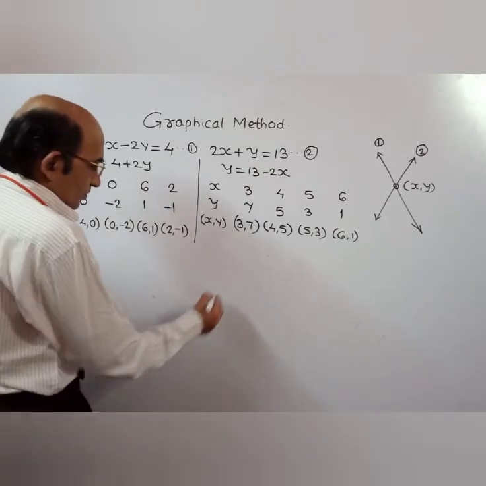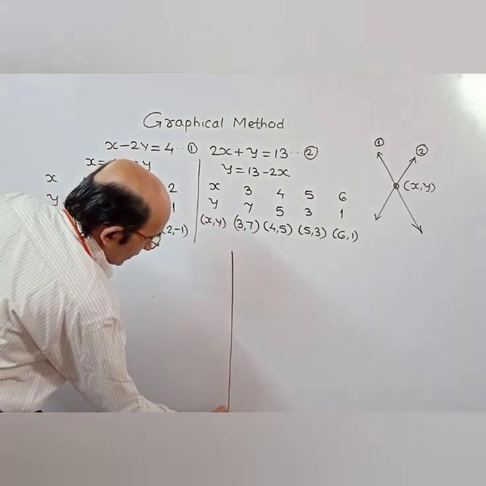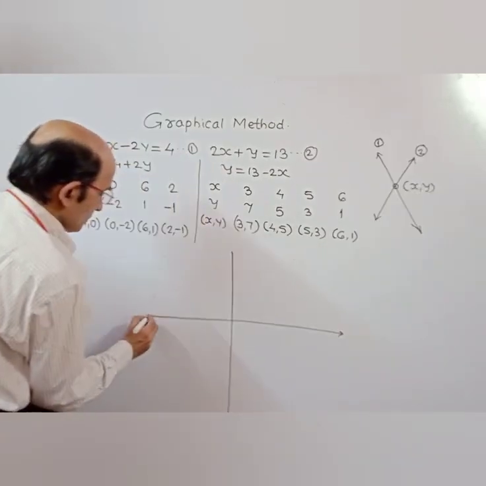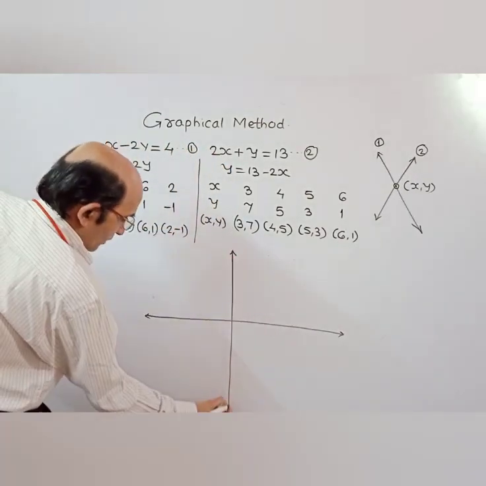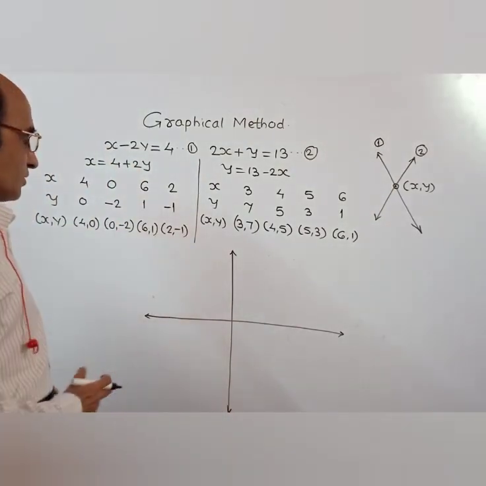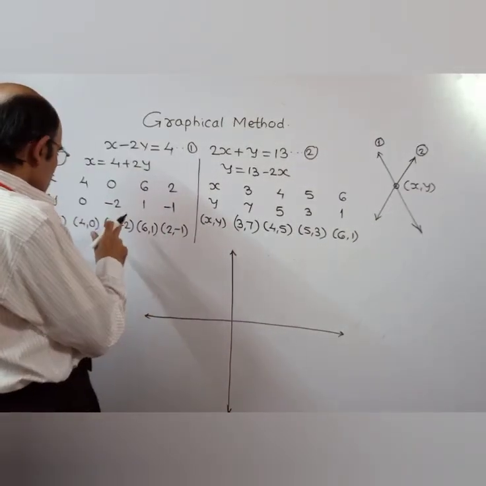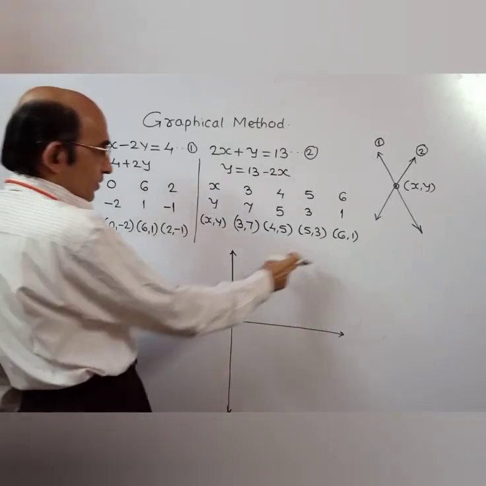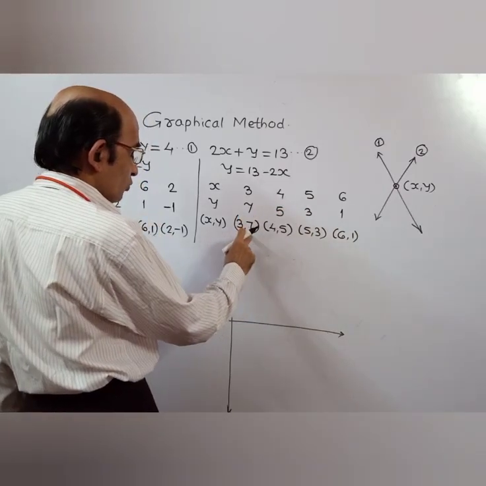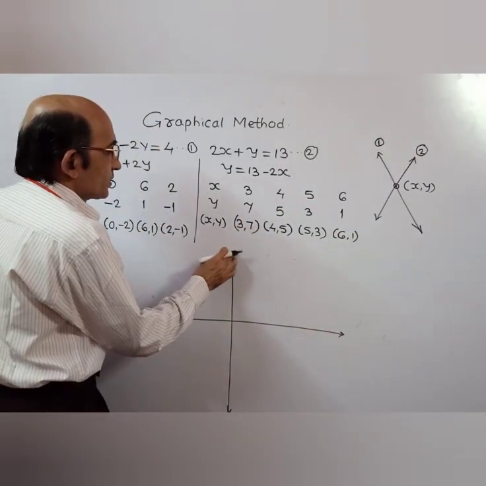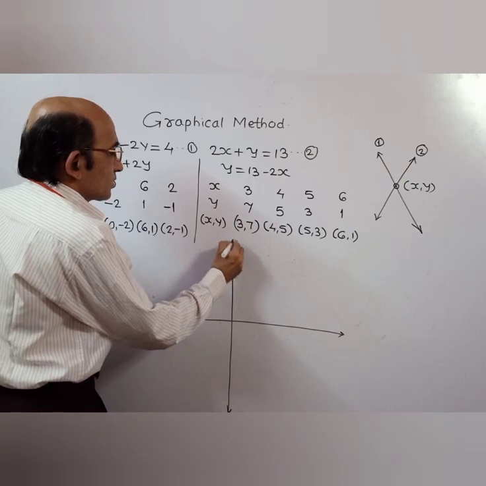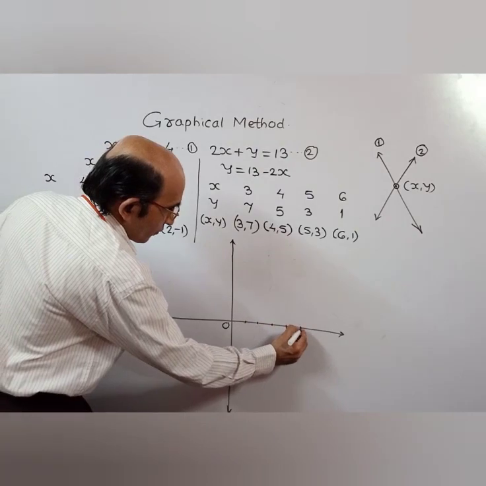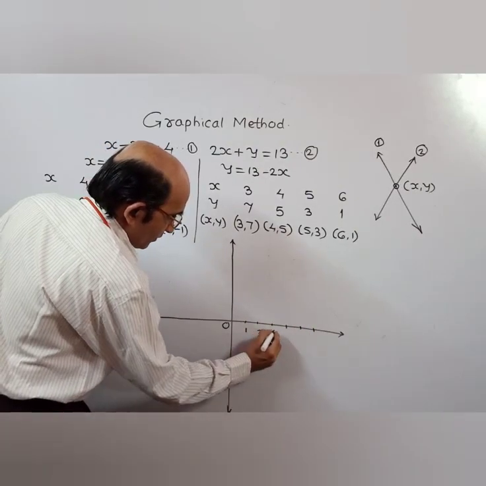As usual, you draw the x and y axis on graph paper. As per our table, we have coefficients. Maximum value, here x coefficient 6, here x coefficient 6, here y coefficient 7. So we plot the graph for that purpose. Here 1, 2, 3, 4, 5, 6 on the x-axis.